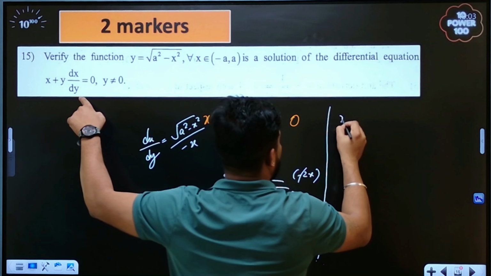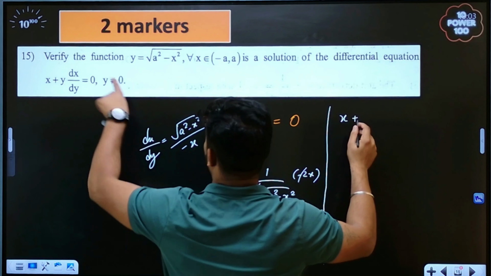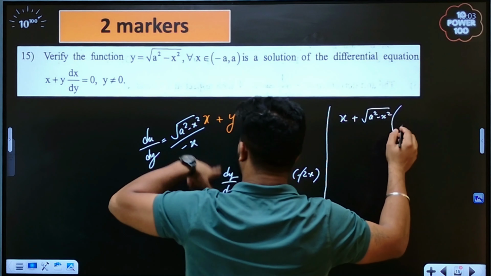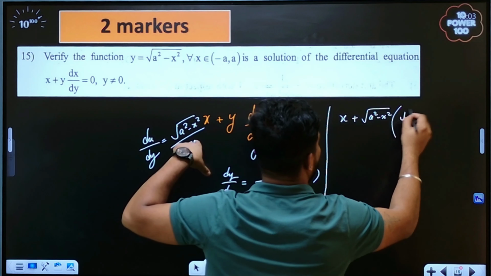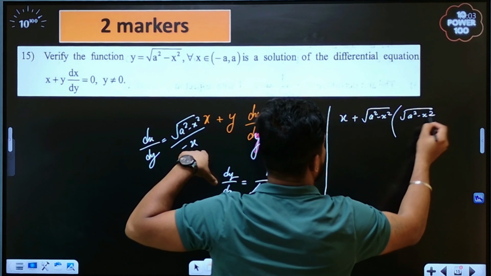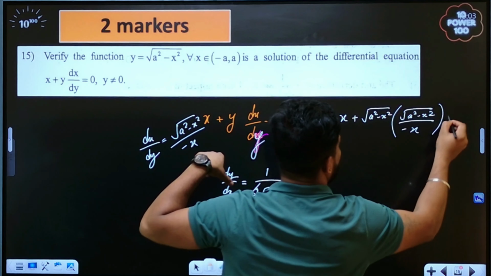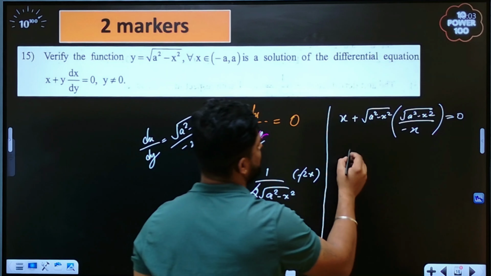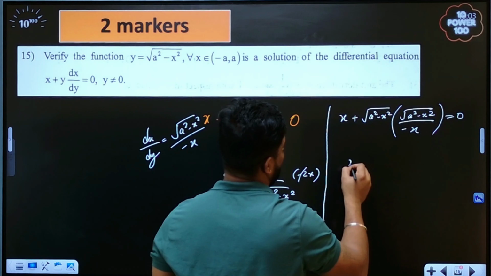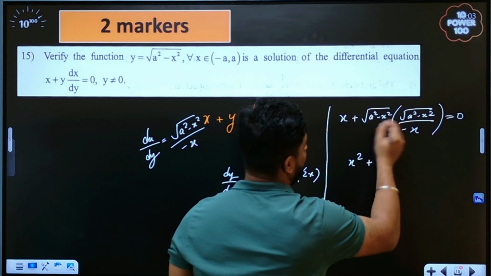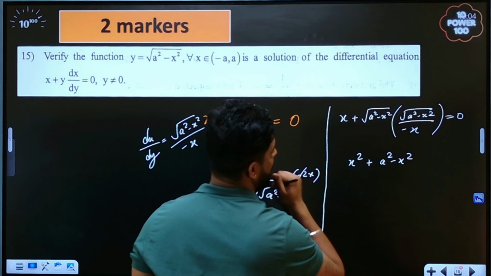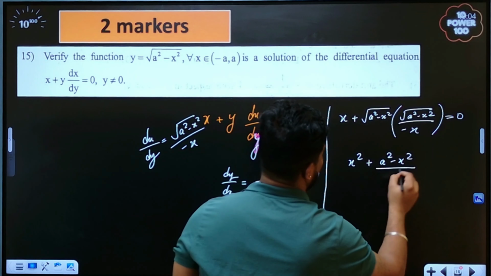So it is x plus y, where y is root of a square minus x square, into dx by dy, which is root of a square minus x square divided by minus x, is equal to 0. Now if you do anything, it won't become 0. So this becomes x square plus, the root gets cancelled, you get root a square minus x square divided by minus x.